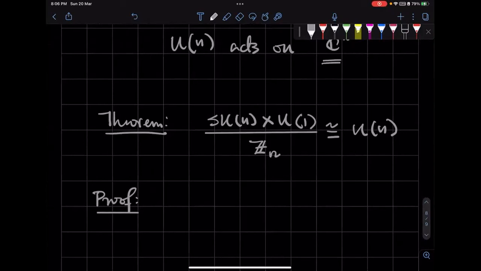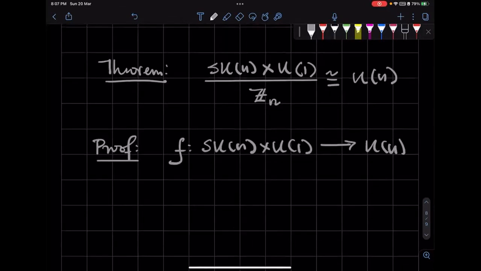So let's construct a homomorphism from SUN cross U1 to UN. How do we do that? We take an element of SUN, let's call it U, and an element of U1, which we can write as e to the power i phi.